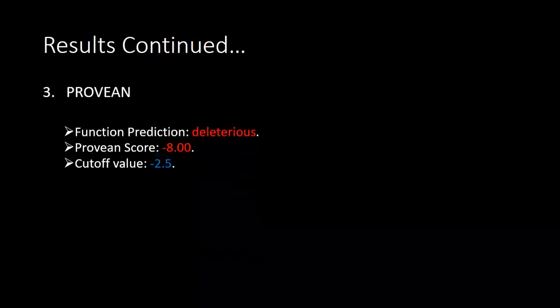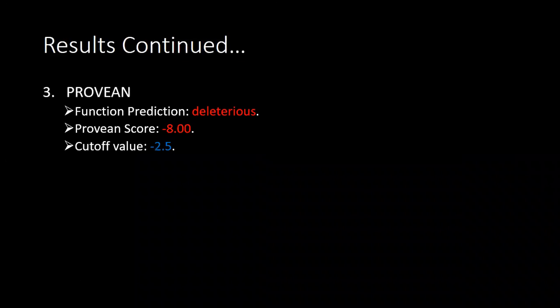We also check the prediction of the mutation in PROVEAN. PROVEAN gave the function prediction as deleterious, and the PROVEAN score is -8, with a cutoff value of -2.5.